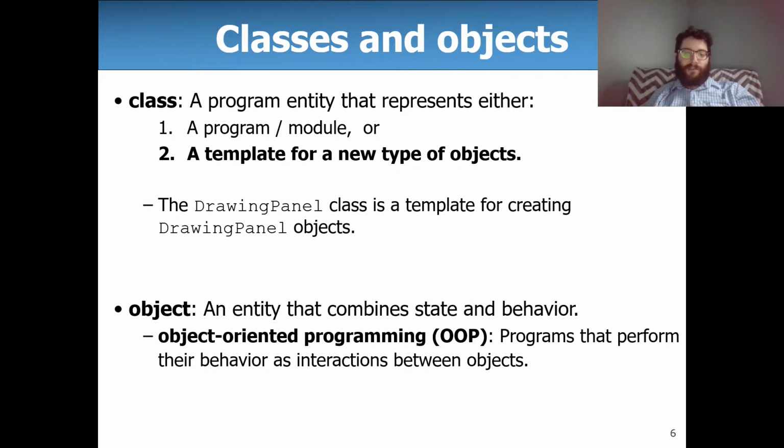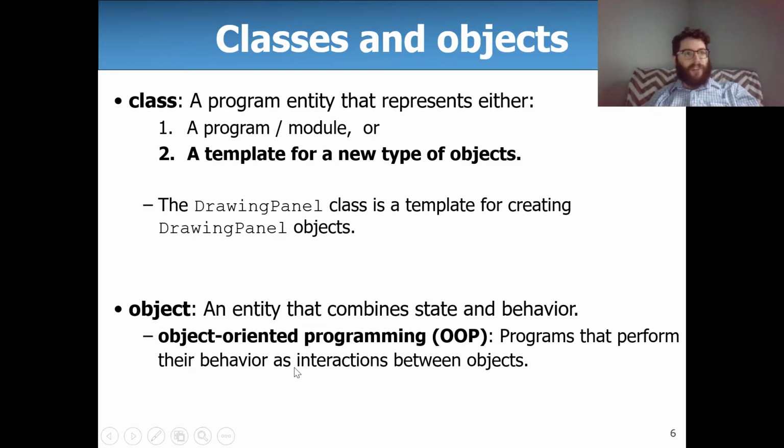It is a new type of data, just like a scanner or a string, and it has two things. It has both actions that it can do, and it has features. So it has basically data inside of it, and then it can do things.